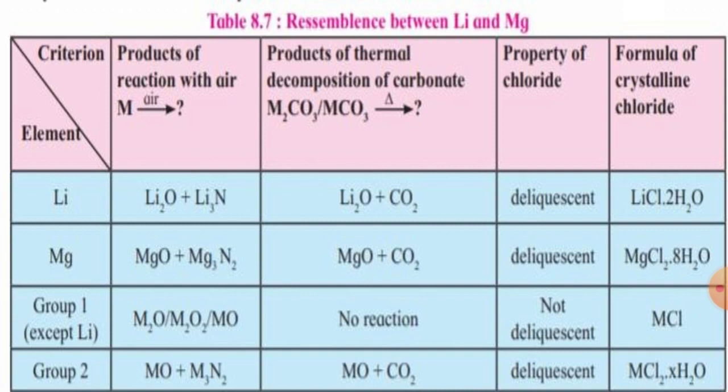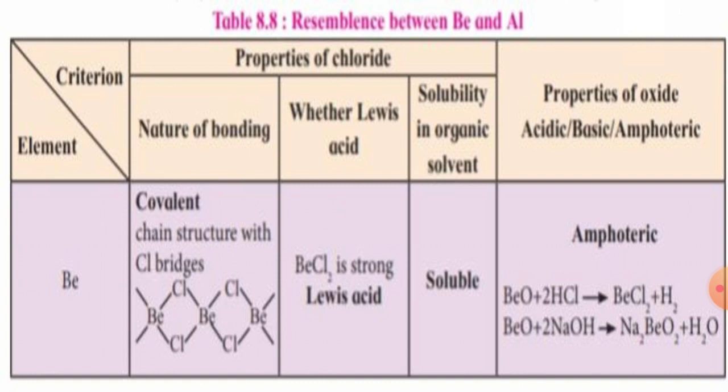While the other elements of group 2 show metal chloride into H2O. So here with these reactions you see the resemblance between lithium and magnesium. Now here table 8.8 shows the resemblance between beryllium and aluminium.